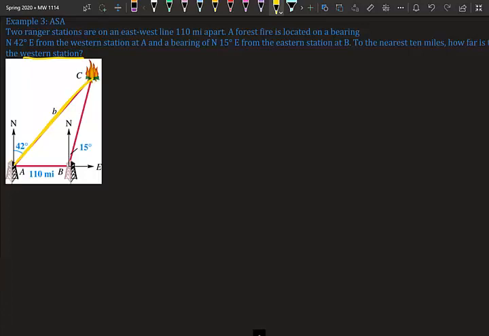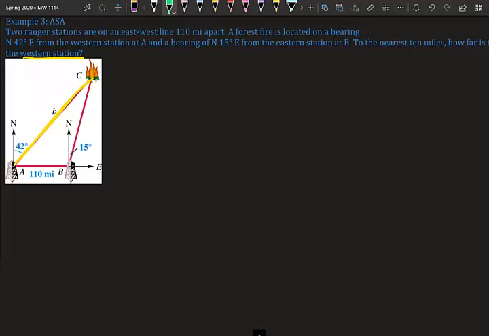Because that's the west station, that's the east station. Remember, never eat shredded wheat. So that's the west, that's the east. It labeled everything for us, but I'm going to walk you through labeling it so we can go over that together. It says that a forest fire is located on a bearing of north 42 degrees east. That's why this is 42 degrees, because a bearing, remember, is not this angle, it's the angle connected to that north direction.